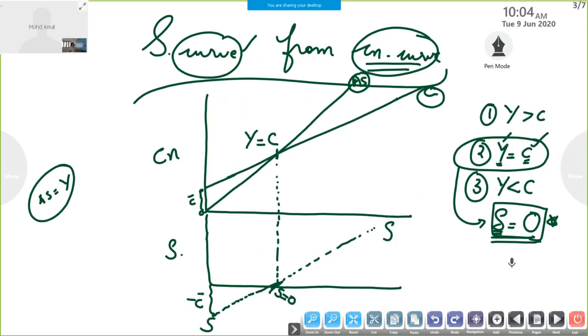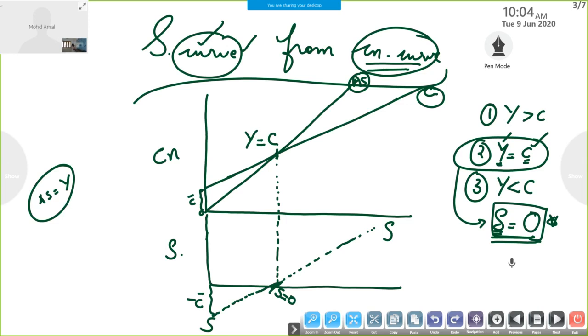Then the diagrammatic representation, or we can say how we can derive the consumption curve. If the curve comes, you have to represent it diagrammatically. How we can derive the saving curve from the consumption curve: from the consumption curve, that's the first panel. Then from there we find the break-even point.